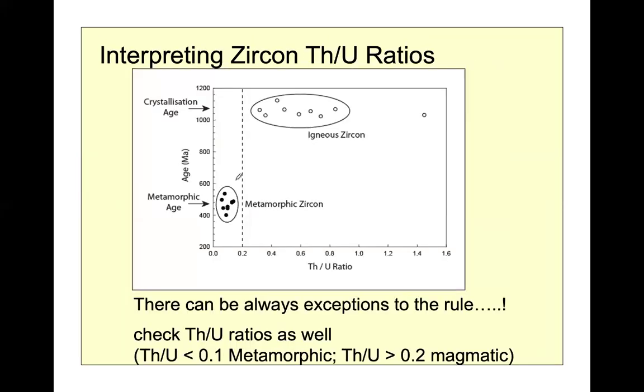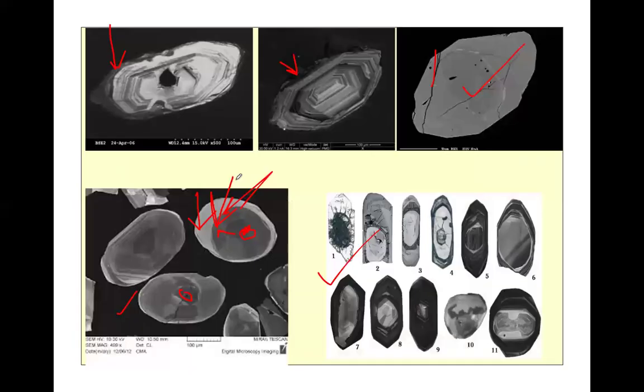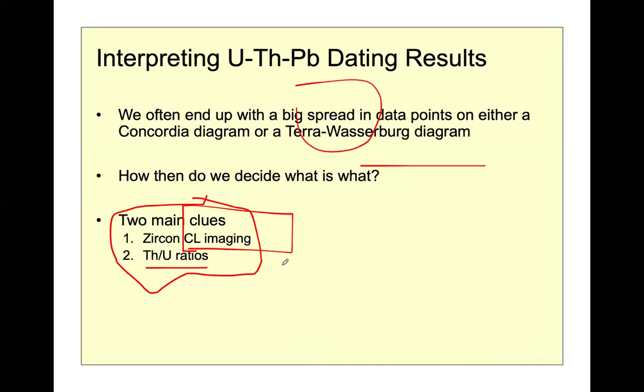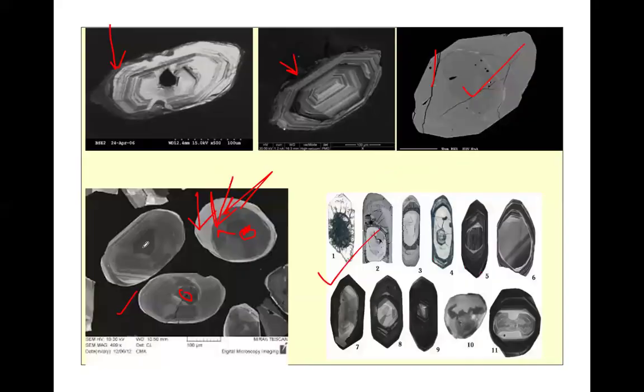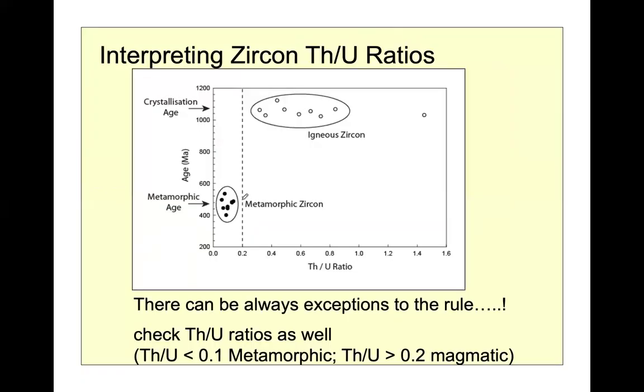Right. So the other thing that we use to interpret or categorize these different zircons is the thorium uranium ratio, right? So we use internal structure, and then we use the thorium uranium ratio. Sometimes the thorium uranium ratio is very low for some zircons. For some zircons, it might be very high, right?